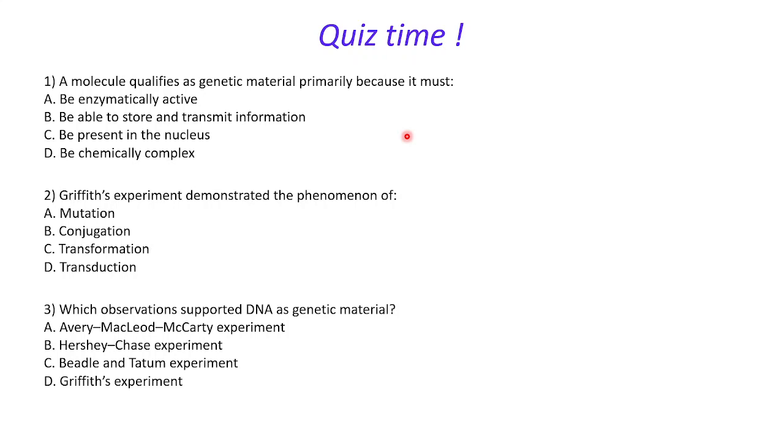So a molecule qualifies as a genetic material primarily because it must be enzymatically active, be able to store and transmit information, be present in the nucleus, or be chemically complex. All of you must try to give an answer, because these are not very complicated.